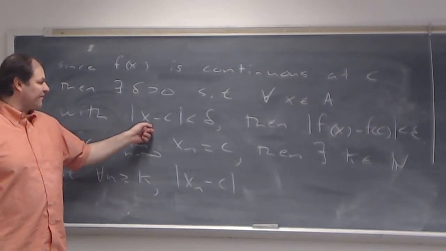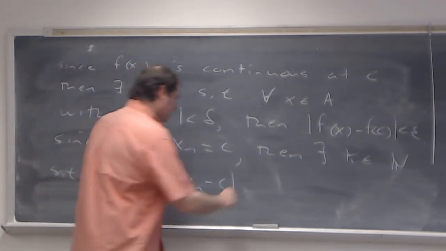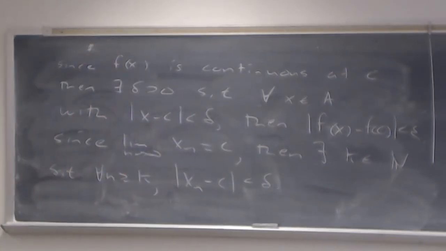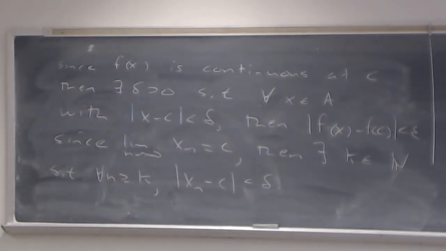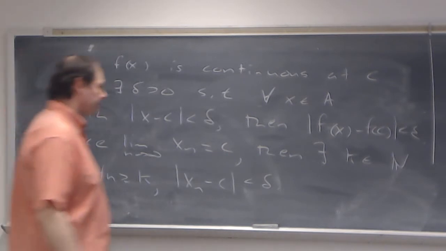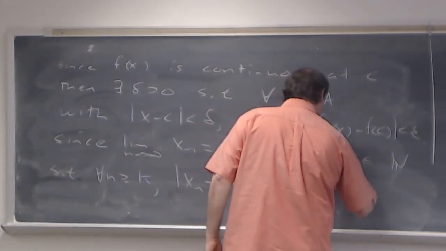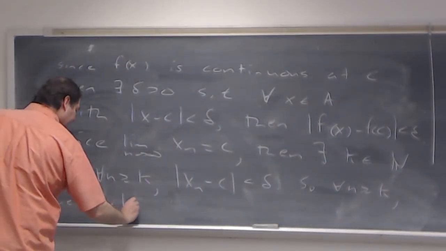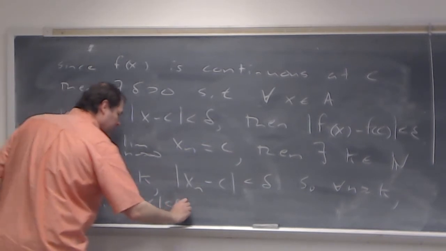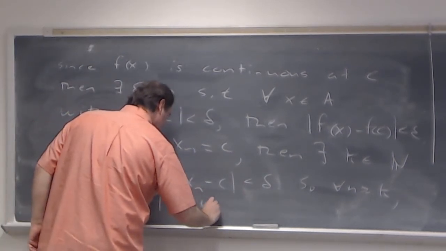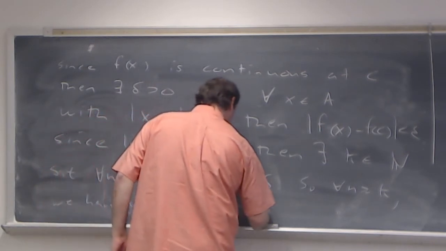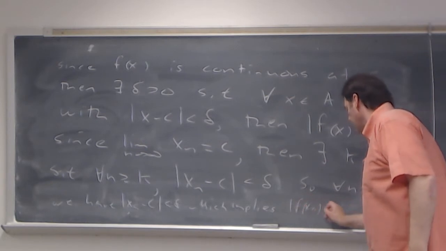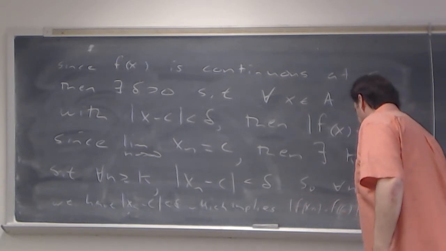As long as the input values to c are within delta units, here I just say let this be less than delta. Normally we have epsilon there when we're talking about convergence for a sequence, but here I want this particular quantity to be within delta units. So for all n greater than or equal to K, we have |x sub n minus c| less than delta, which implies, by the continuity, that |f of x sub n minus f of c| will be less than epsilon.